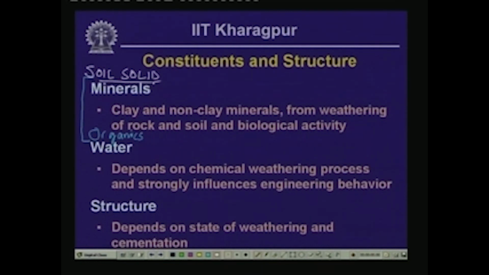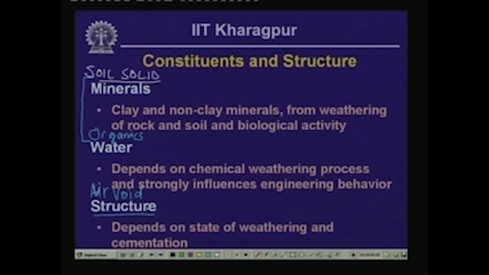Now, in addition, which I didn't mention here, you have air voids as well. The way these different constituents, mineral or soil solids, pore fluid and air void, are distributed within the volume of soil is given the name of soil structure.